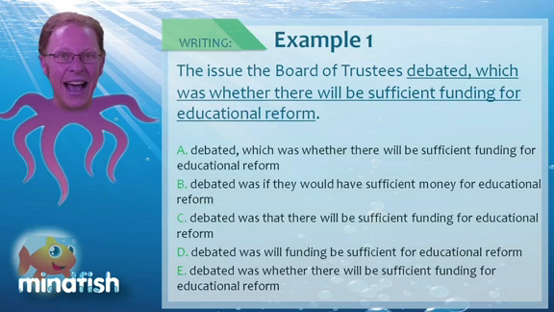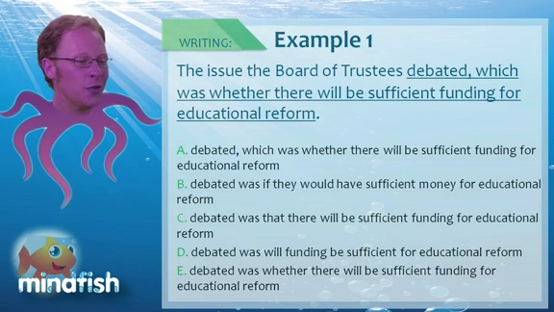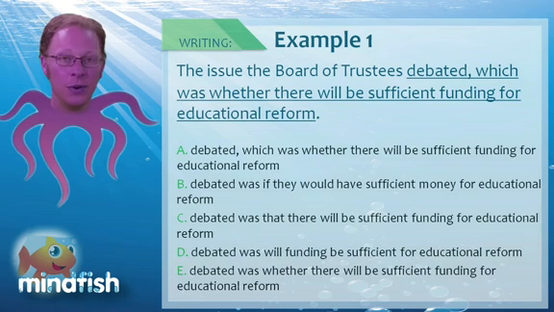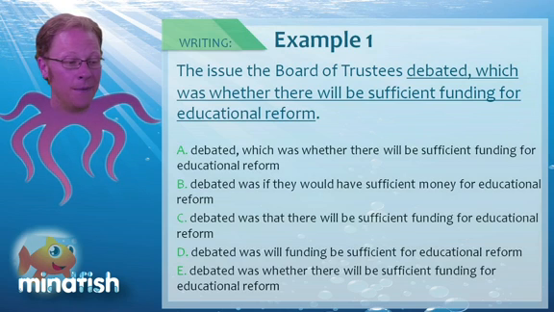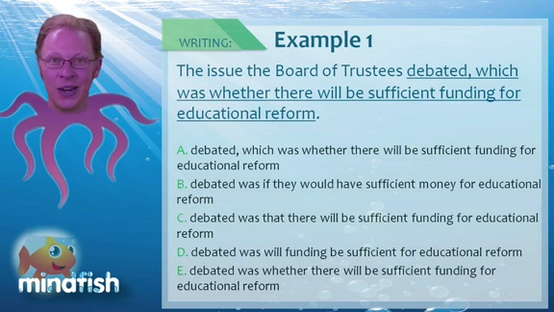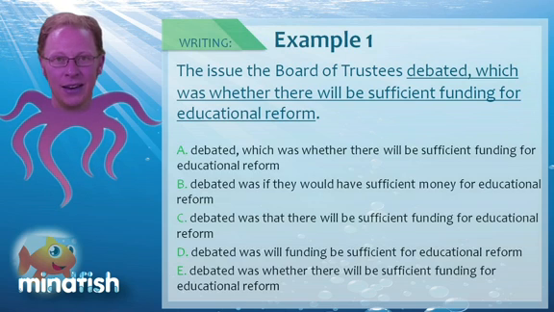Well, this question is exactly the same, except we have the word which instead of who. So the first order of business is to cross off answer A, which is the same as the original sentence. Now, you might have already zoomed in on it, but as I mentioned, all we have to do is get rid of the word which, and we've got a completely formed, grammatically correct sentence.